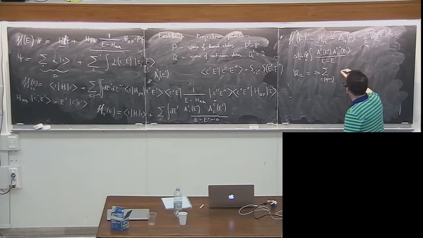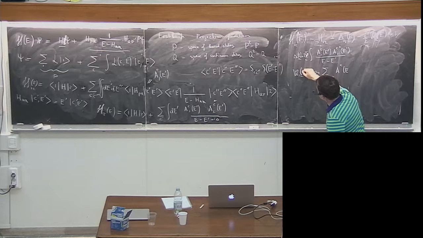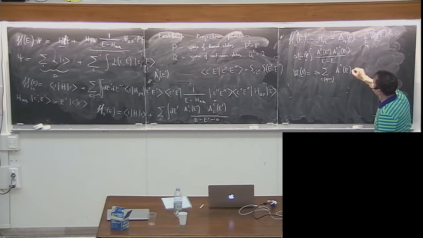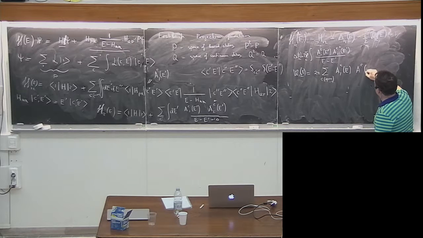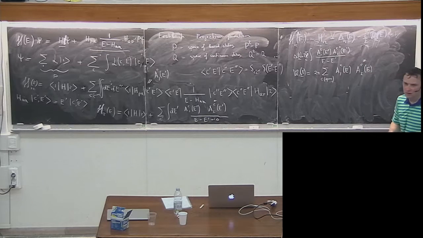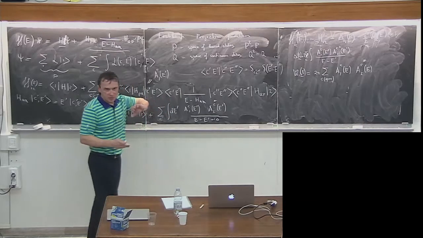Integration over energies disappears, and I will have A_C of this energy, which is the same as in the argument here, times 1 times A for energy for the state 2, complex conjugated. Okay, so this is an explicit form of my imaginary component W. And now this sort of concludes this part. Yes?